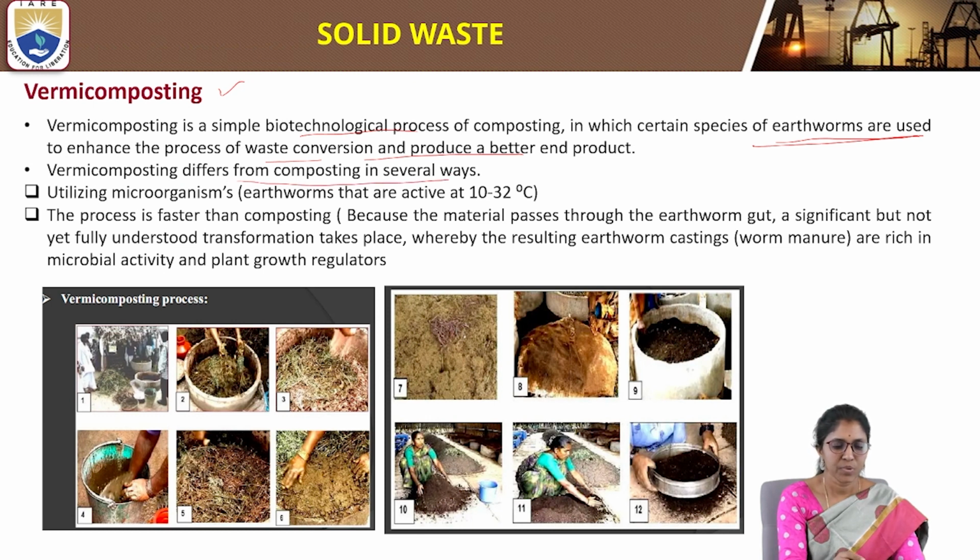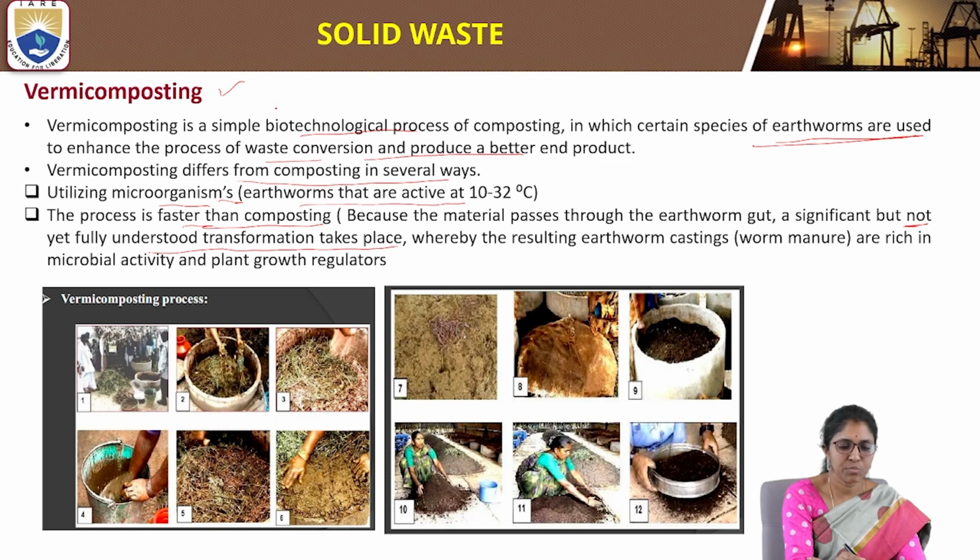Here earthworms are active at 10 to 32 degrees centigrade, and microorganisms can also be used. The process is faster than composting, because the material passes through the earthworm gut and a not fully understood transformation takes place, whereby the resulting earthworm castings are rich in microbial activity and plant growth regulators.